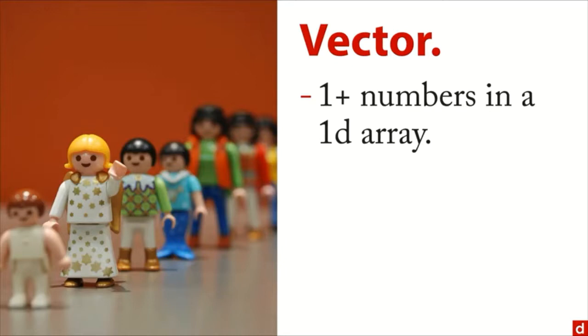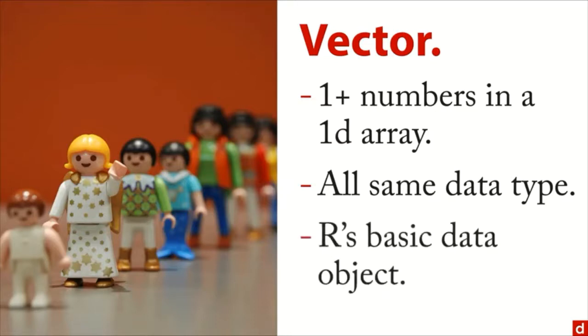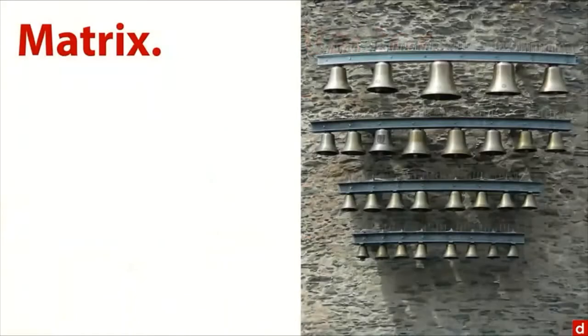But in R, it's still a vector. It's just a vector of length 1. The important thing about vectors is that the data are all of the same data type. So for instance, all character or all integer. And you can think of this as R's basic data object, and that most other things are a variation of the vector.